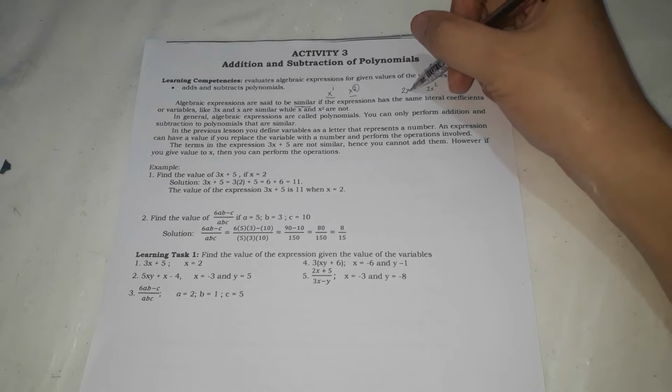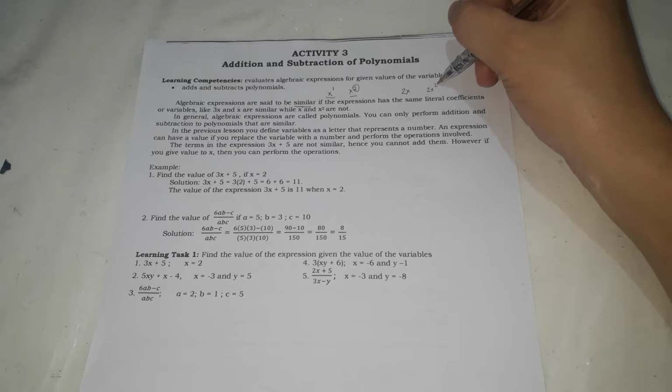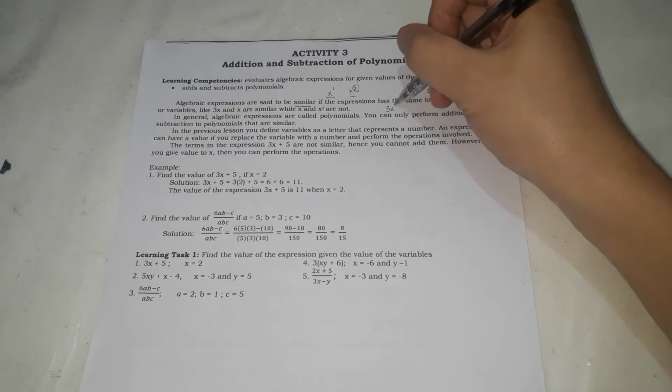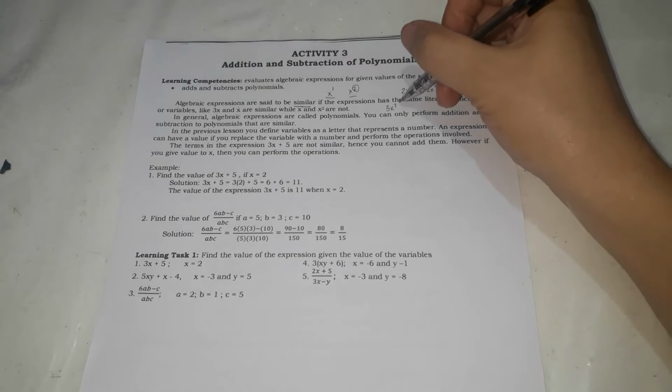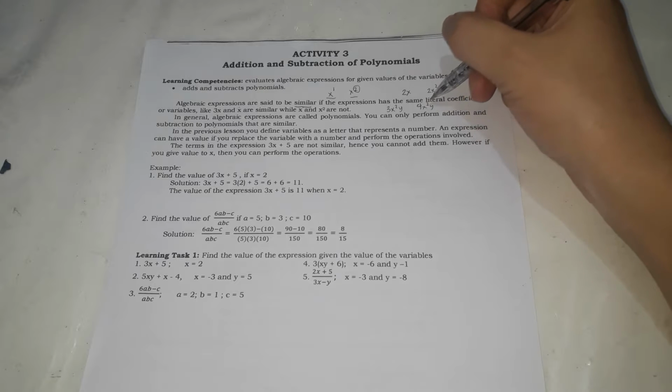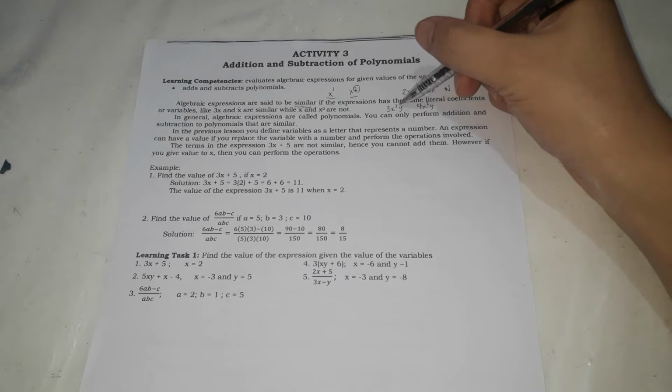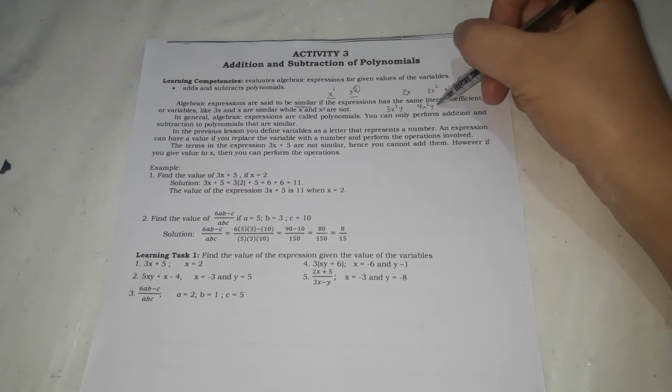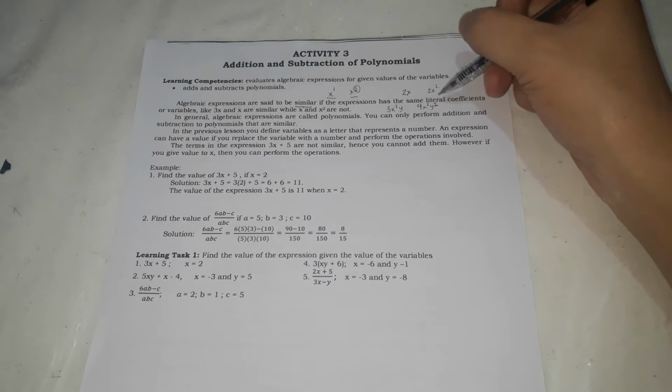So kahit na magkatulad silang x, hindi sila magkatulad ang exponent. So 3x squared y at saka 4x squared y are similar kasi magkapareho na x squared y. Pero kung may y squared dito, so they are not similar.